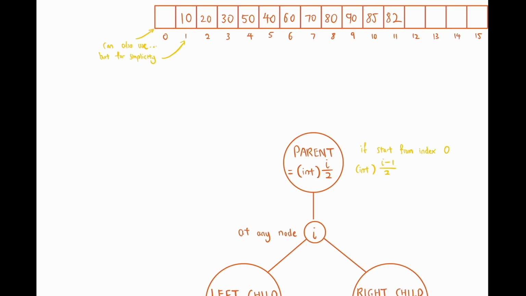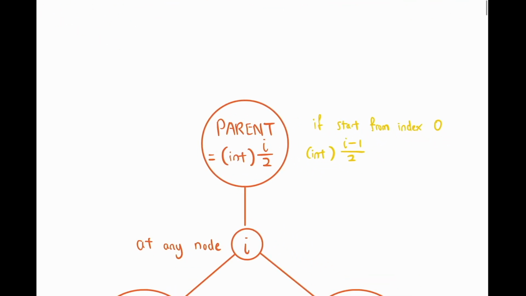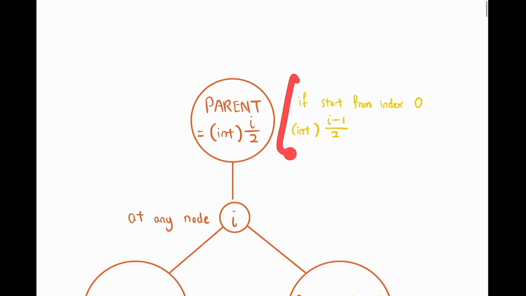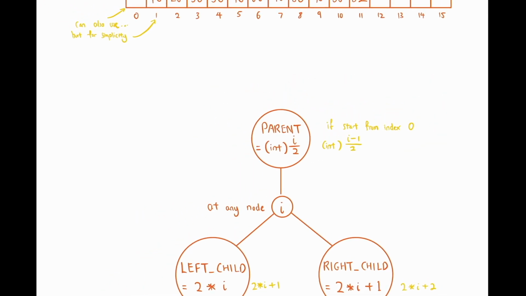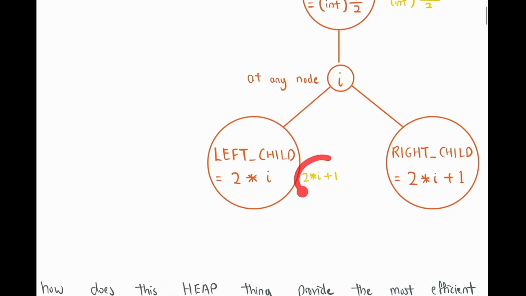It's just that the math formula has a simple additional term. The yellow ones are for starting from 0: given any i, to find the parent, you need to add another -1. Similarly for the left child, 2 times i plus 1, so you need to add an additional 1.